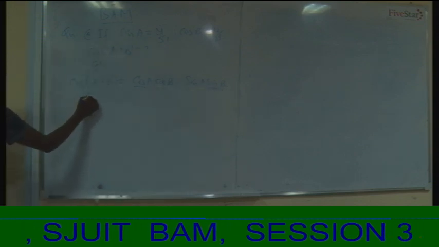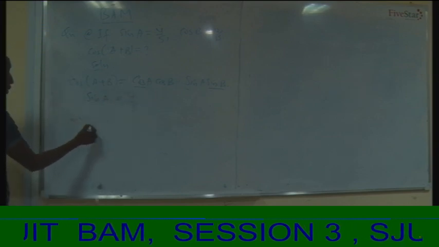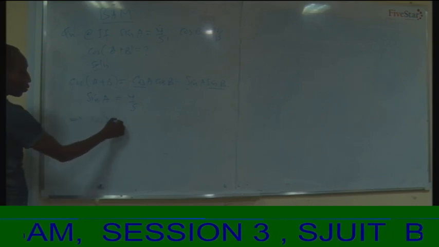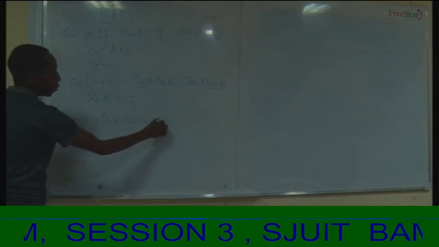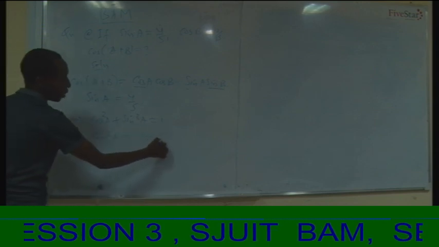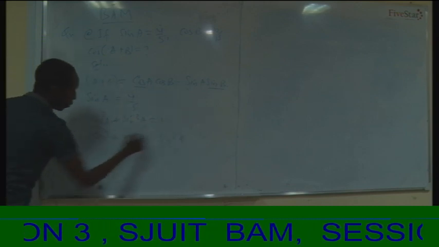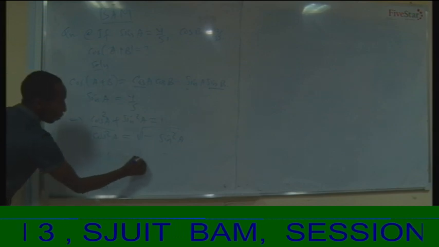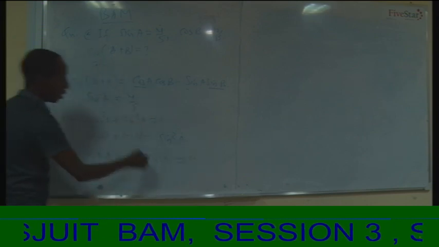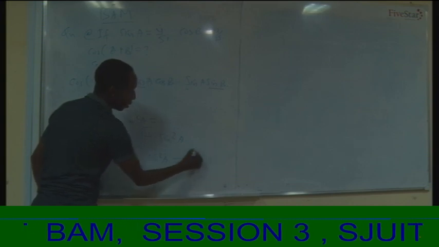So we are given sine of an angle A equals 4/5. To find the cos of an angle A, using the trig identity cos squared A plus sine squared A equals 1, cos squared A will be equal to 1 minus sine squared A. If we take the square root, we get cos A equals the square root of 1 minus sine squared A. This is equal to 1 minus 4/5 squared, under the square root.